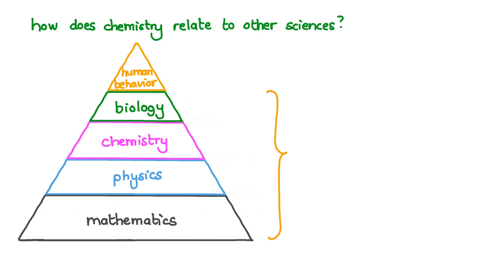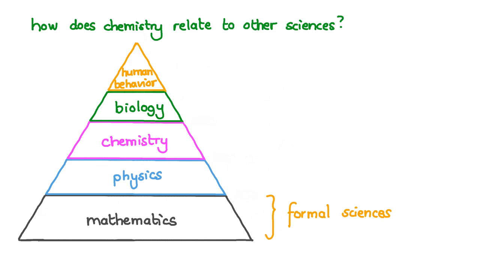These four layers are arguably the four fundamental areas of science, with all other areas of science fitting in somewhere in the pyramid. For example, we can add in this top layer on the pyramid the study of human behavior, or the human sciences, which include sociology and psychology.